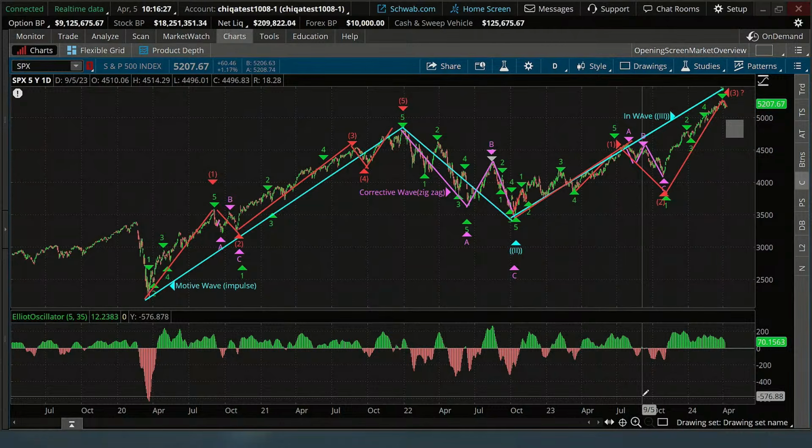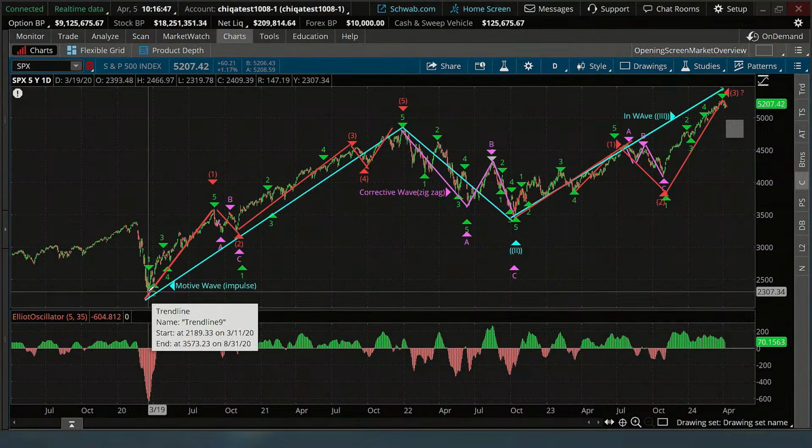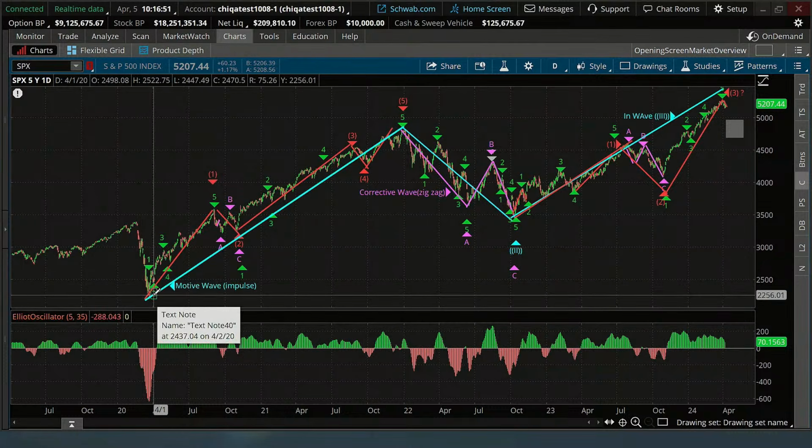What did one of our rules say? We have to find a starting point to start a wave count, right? That's the first important thing. Where might you start over the last few years? What is a big, clear low? It is the COVID low, isn't it? Right? All right. So that's where we're going to start.